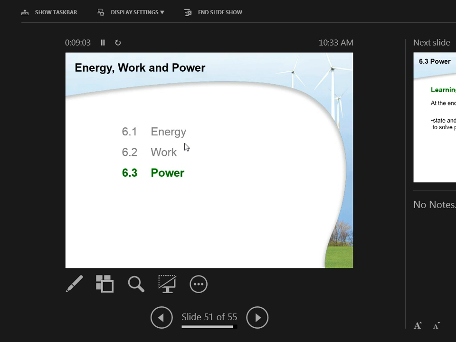Energy is the capacity to do work. When you are full of energy, you can do more work. No energy, can't do work. So it makes sense that these two quantities are measured in the same units, which is joules. Okay? Then now we have a new term, power.